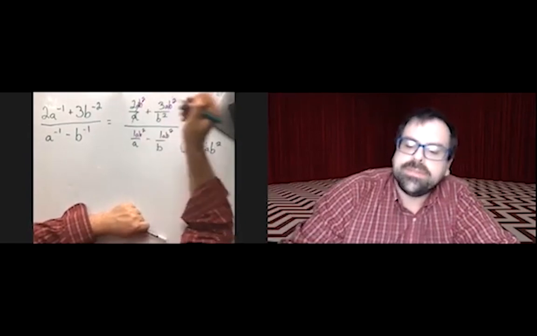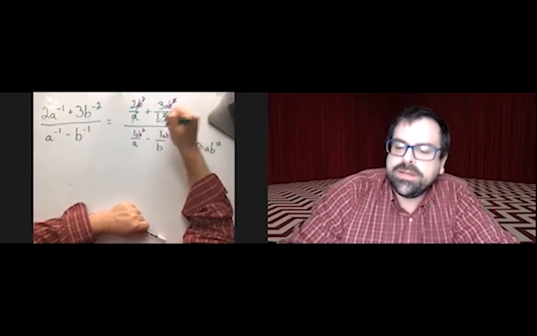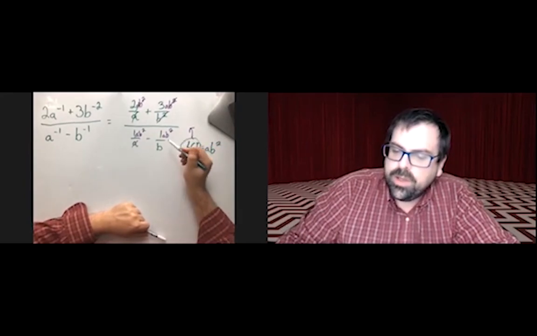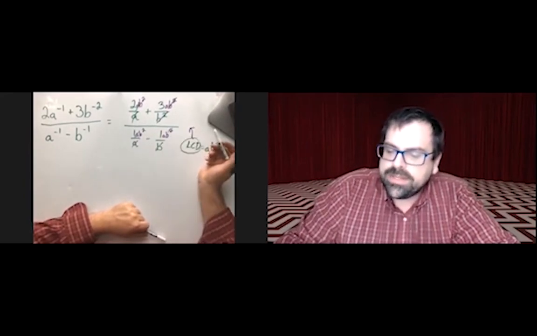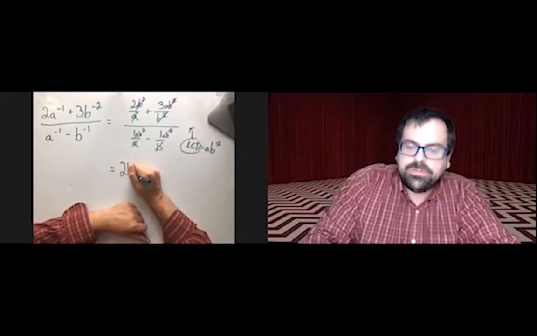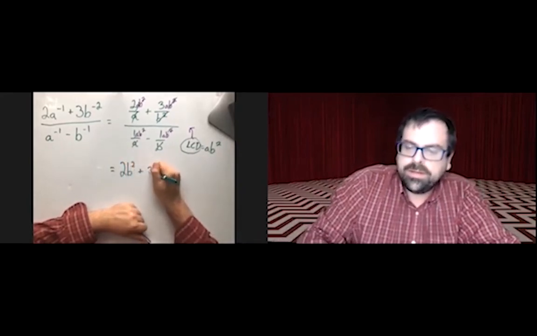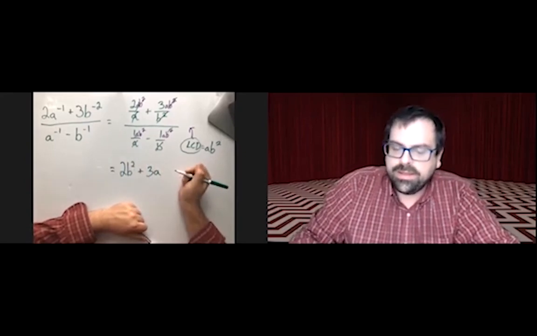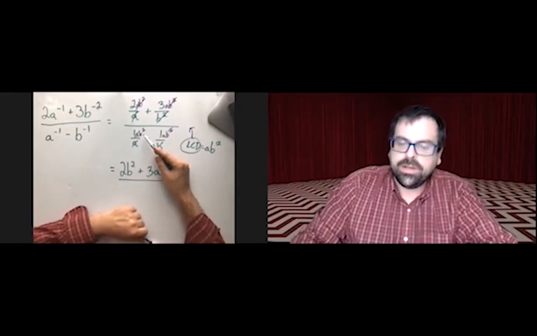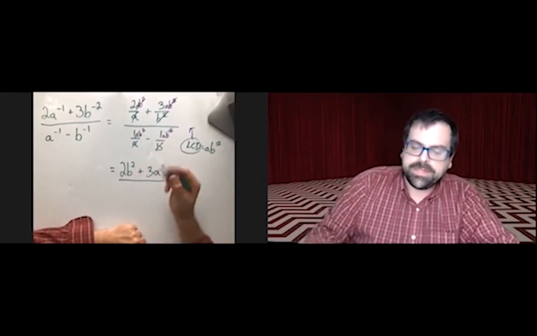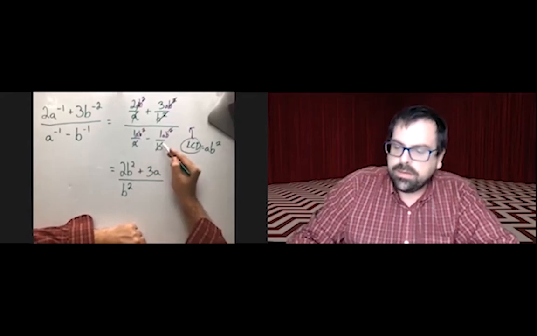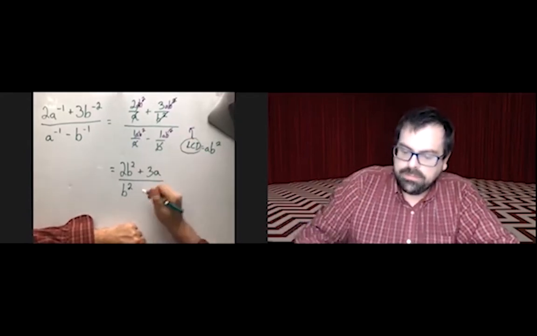The A's cancel. The B squareds cancel. The A's cancel. One of the B's cancel. We have 2B squared plus 3A all over B squared minus AB minus AB.